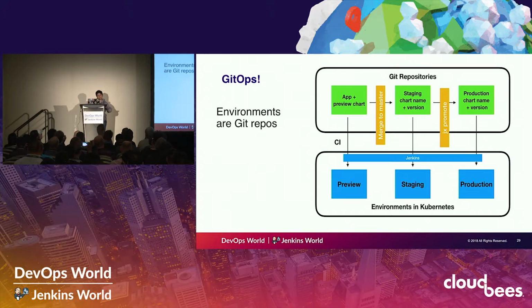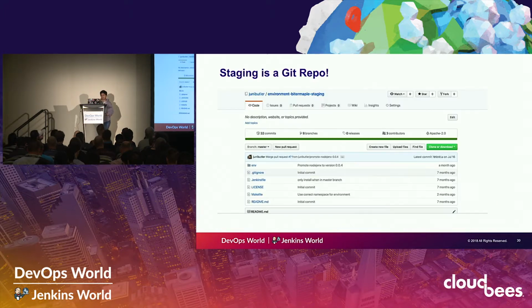Beneath the scenes, as we already saw, you have Jenkins pipelines for preview, staging, and production. These environments are namespaces in Kubernetes. Staging is a Git repo. If you've already gone to github.com/junibutler, you've probably seen the staging repos have their own Jenkinsfile. It's that auditable, it's that automated, and it just flows.